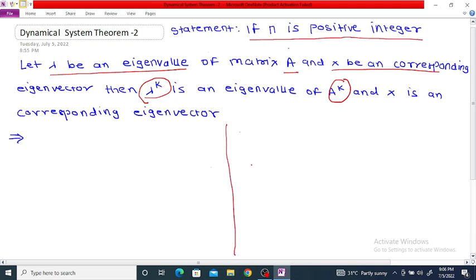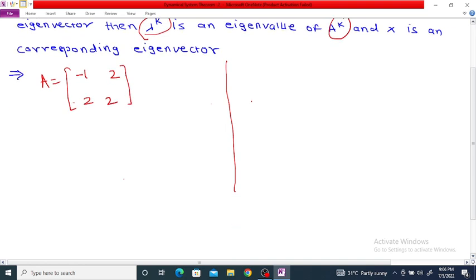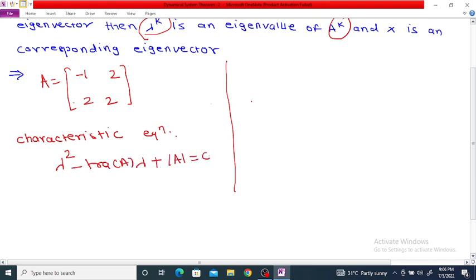Consider a matrix A equal to [-1, 2; 2, 2], a square 2 by 2 matrix. First of all, we are going to determine its eigenvalues. For that, the characteristic equation is lambda square minus trace of A into lambda plus determinant of A equal to 0.